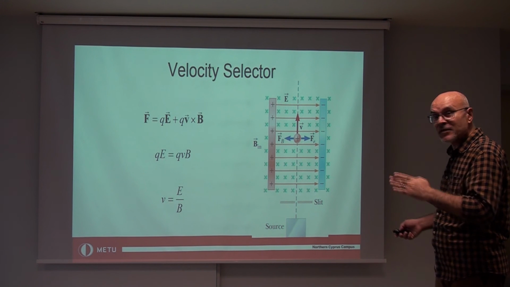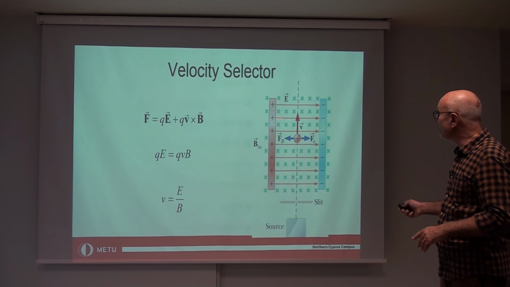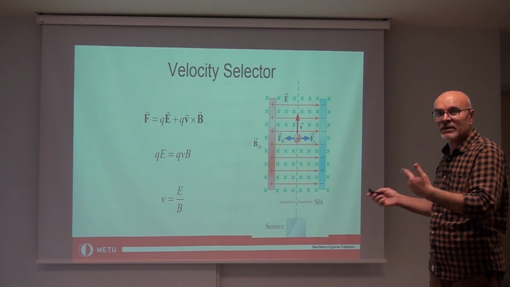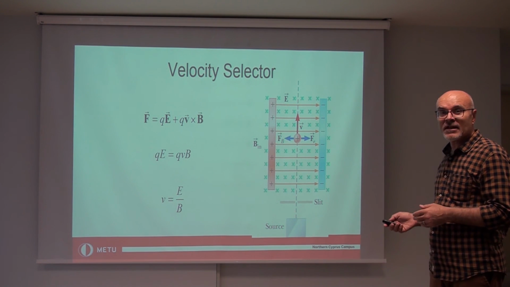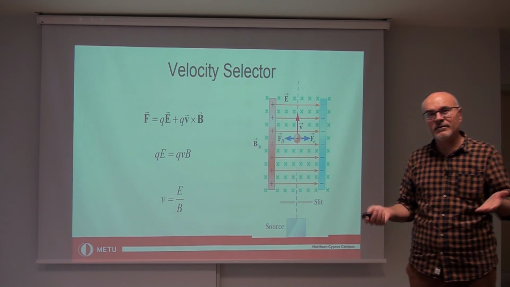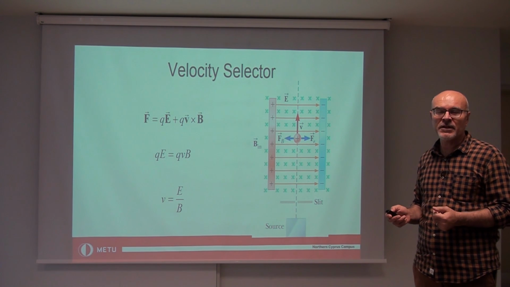In this case you guarantee that the particles coming with this velocity will move without deflection. Other particles will deflect either to the right or to the left, depending on which is larger, the magnetic force or the electric force. So this is the velocity selector, a simple application of the Lorentz force. There are other applications also.